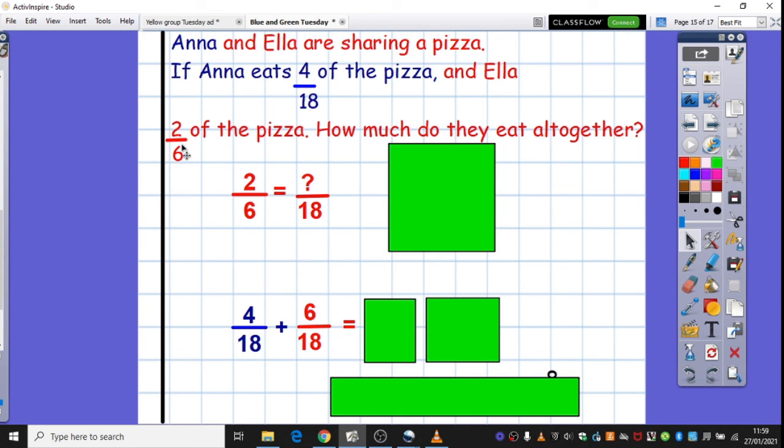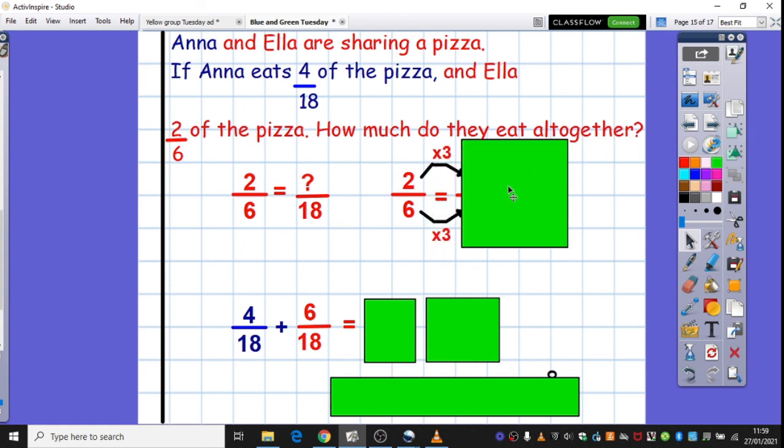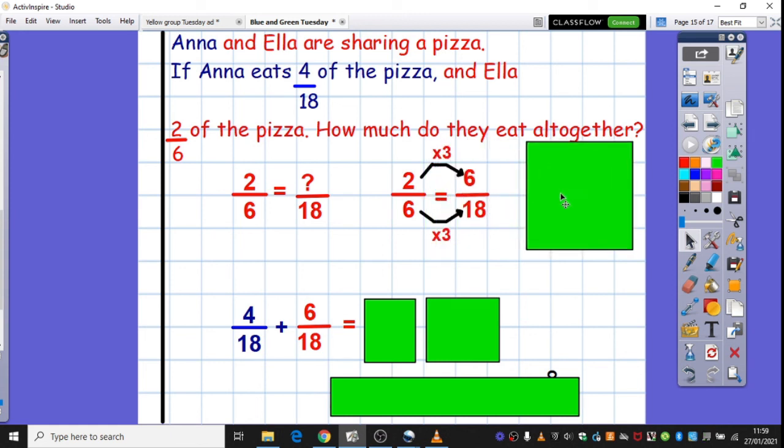Now the first problem we've got is that the denominators are not the same. So we need to find an equivalent fraction for 2/6 where the denominator is 18ths. 6 times 3 is 18, so 2 times 3 is 6. Now we have our equivalent fraction of 6/18. We can do 4/18 add 6/18 is obviously equal to 10/18.